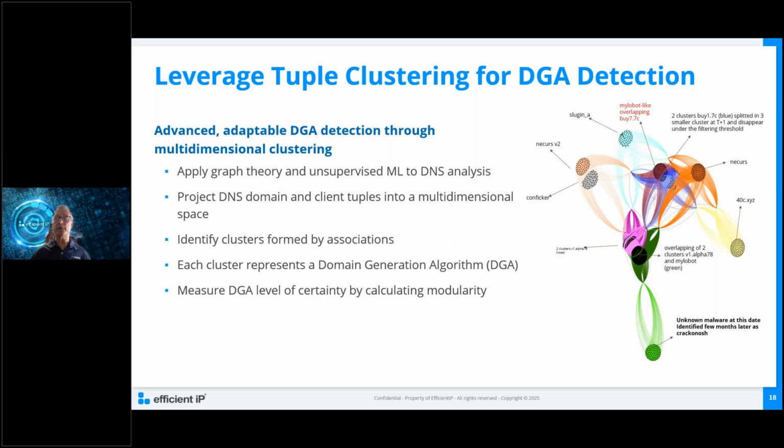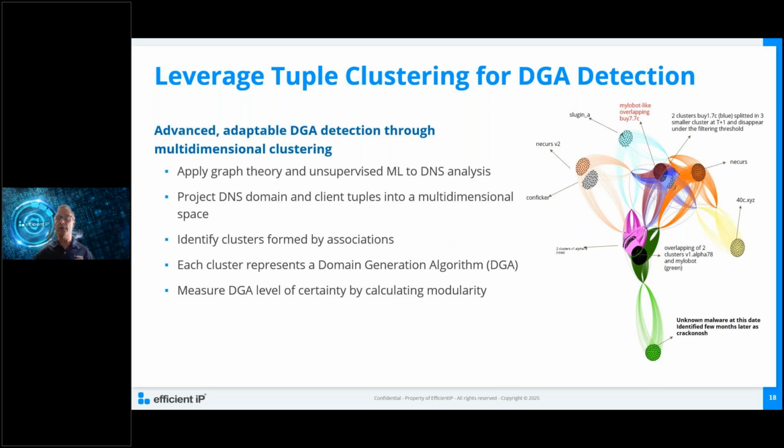Simple. We use tuple clustering. All right, not so simple. So let me explain what a tuple cluster is. A tuple cluster is a technique used in cybersecurity, especially for DGA detection. It groups and analyzes domain names based on patterns in how they're used rather than just what they look like.